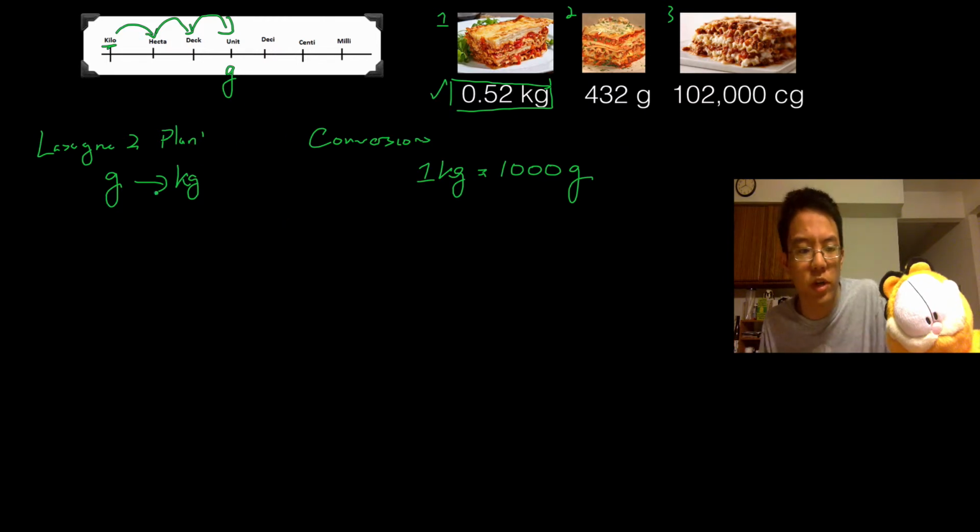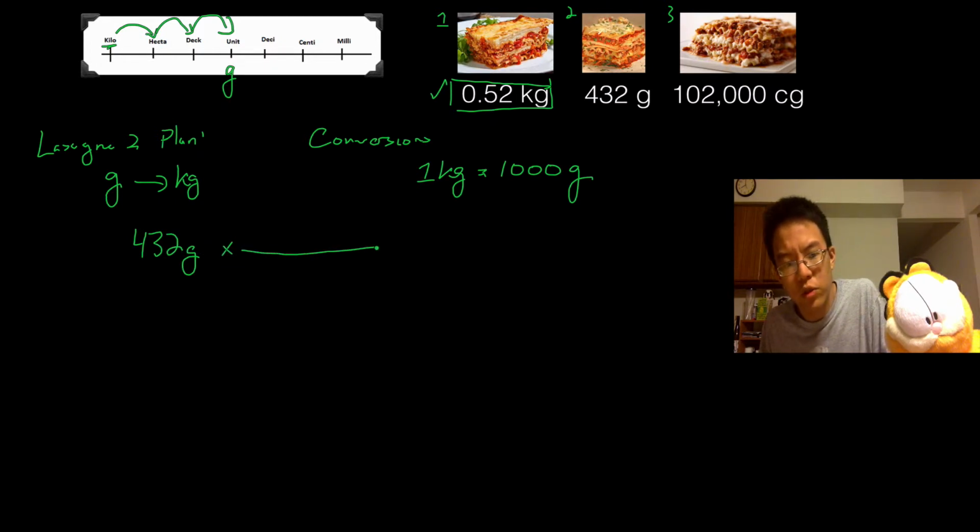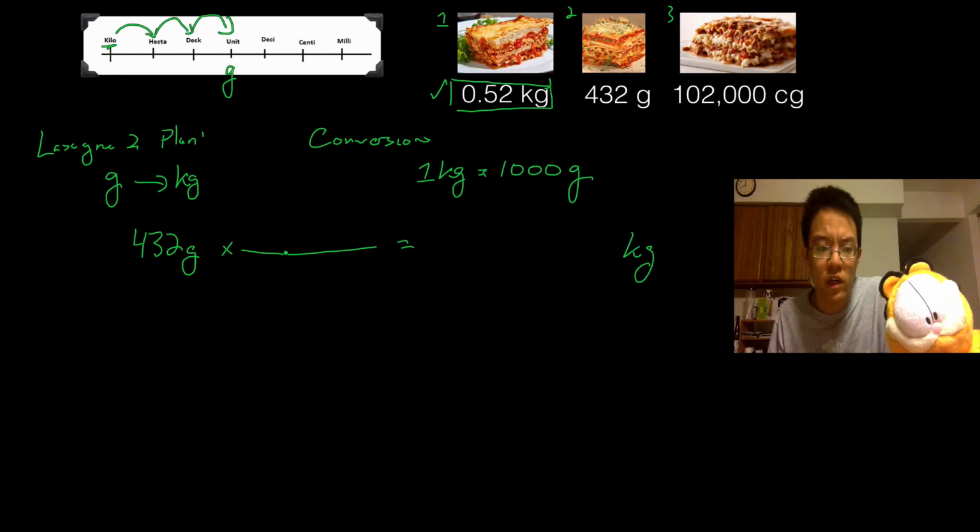So I take my number here, I have 432 grams of lasagna. All right, and I want to get to kilograms of lasagna. I want to know how many kilograms of lasagna I have. Well, all right, let's take a look here. I know I want to cancel the grams because there's no grams in my answer, and I want to convert to kilograms.